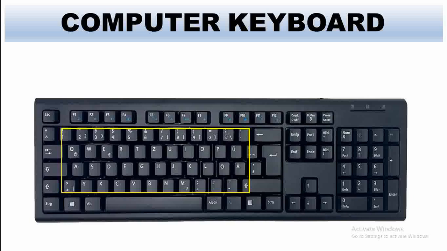Then under it we have Q W E R T Z and so on. So we have letters. You can see that in that section we have both numbers and alphabets. So we call that section alphanumeric keys. Like I said, alphanumeric keys comprise both alphabet and number.